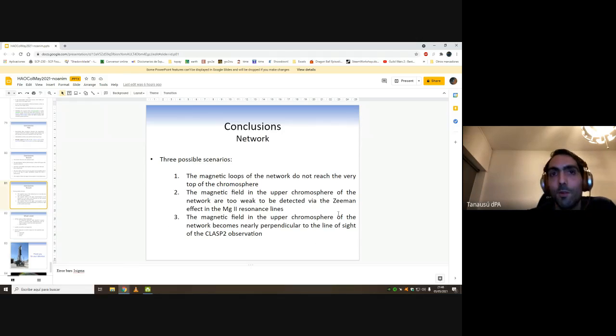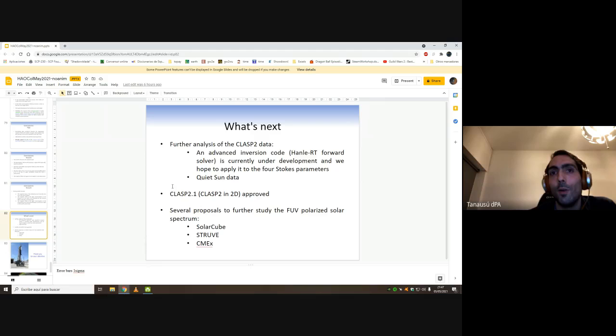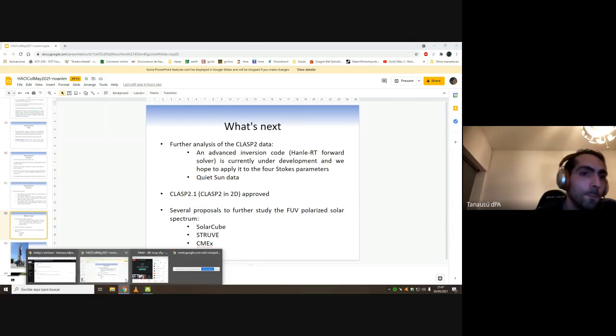So that doesn't work to rule out this one. Regarding the simultaneous observation, the class 2 is the only observation of circular polarization in that region, so there is no other one to compare with. So hopefully the relaunch of the mission will work in this regard. We will have another observation at a different time where we can check if we actually get the same.